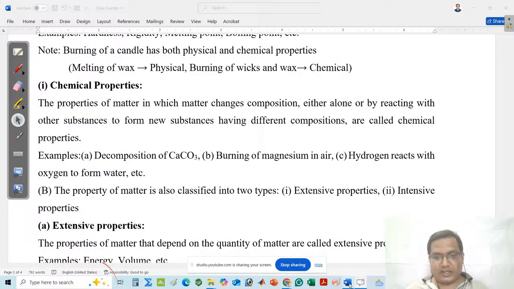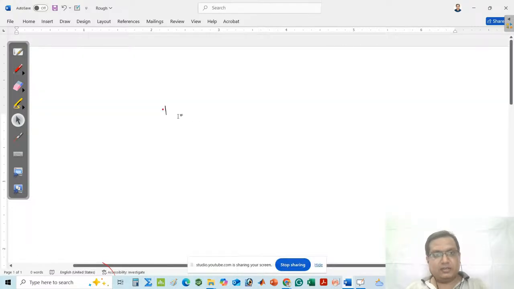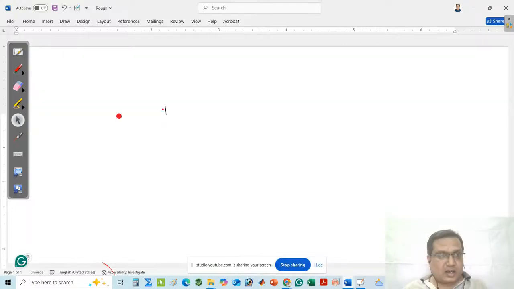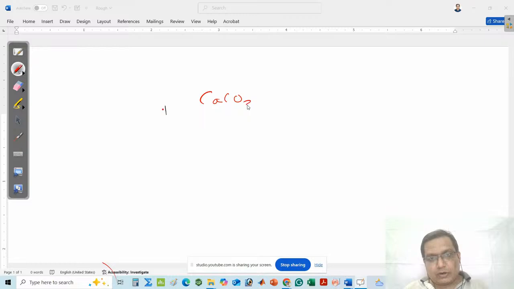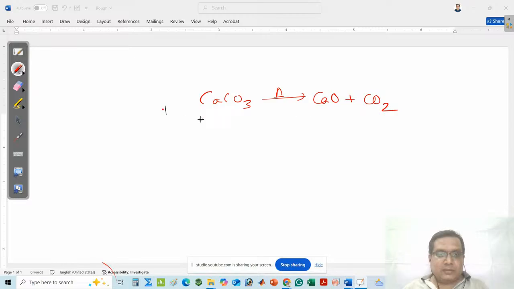Let me show the reaction. When calcium carbonate undergoes decomposition on heating, it gives calcium oxide and carbon dioxide.